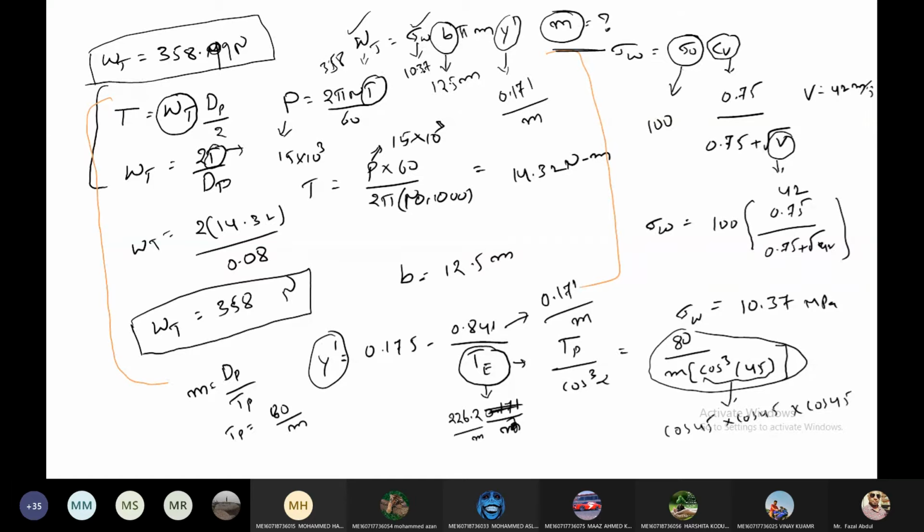Sigma W we got as 10.37. Face width we consider as 12.5. Pi m is the circular pitch value, and y dash we got as 0.171 by module. Substitute all the values, you will get one equation. Through that equation we will get the module. Now tell me the direct final value of module. Do it fast.